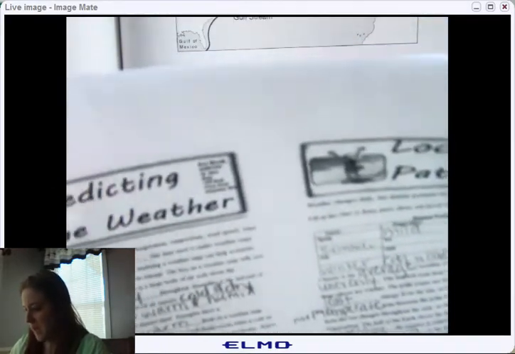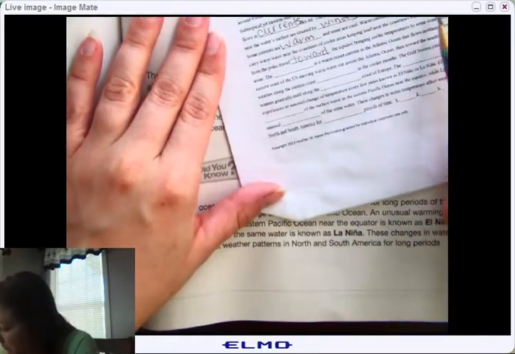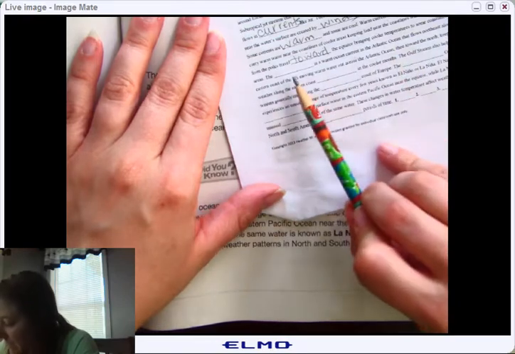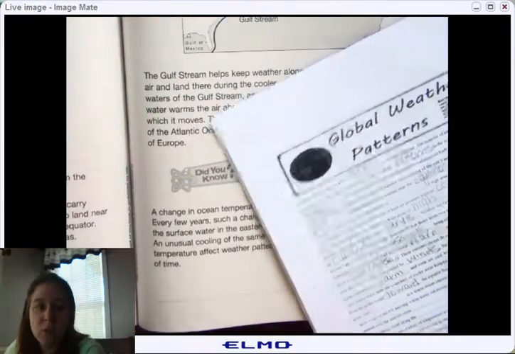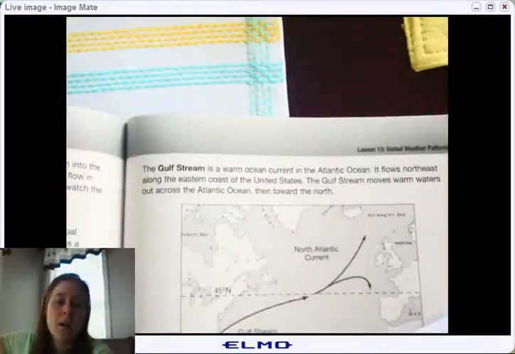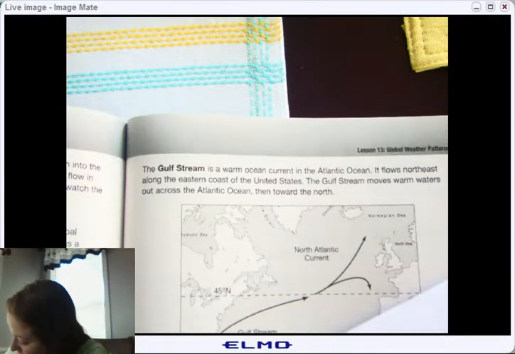When I'm looking at this, it says right here, the blank is warm ocean current in the Atlantic Ocean. What is it? The Gulf Stream.